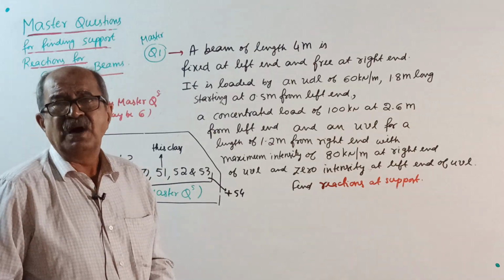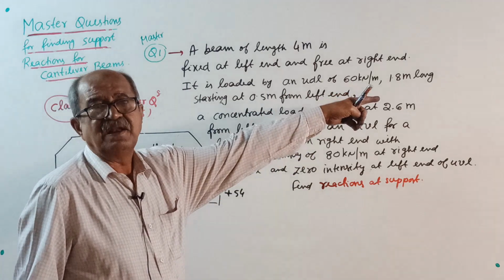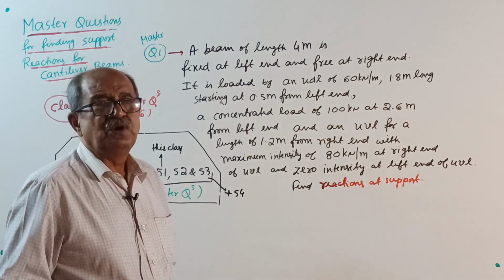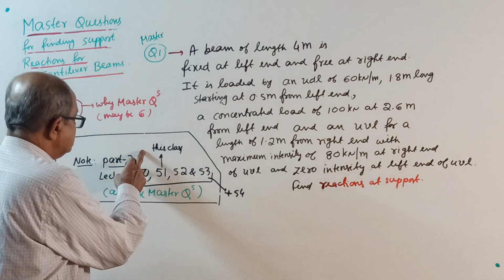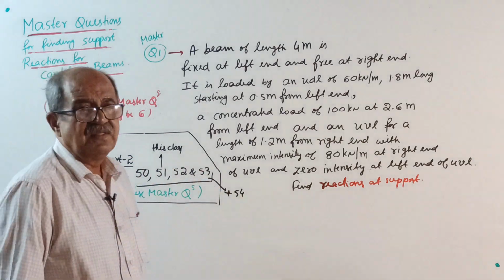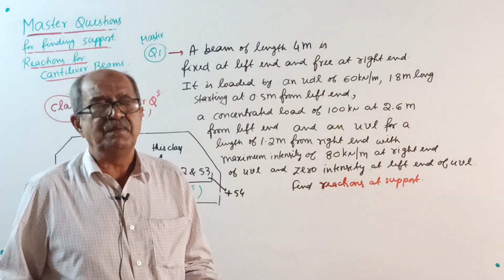Once I finish all the master questions, then onwards, every class I will write somewhere. Those who have not gone through master questions completely, including 50, that is 50 to 53 or 54, if any difficulty is there, it is their problem, not my problem.